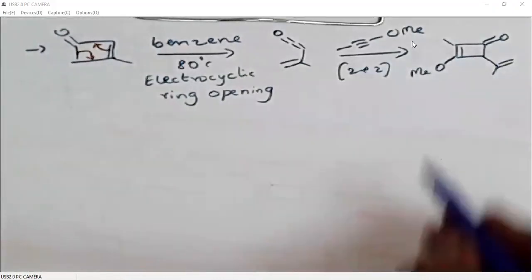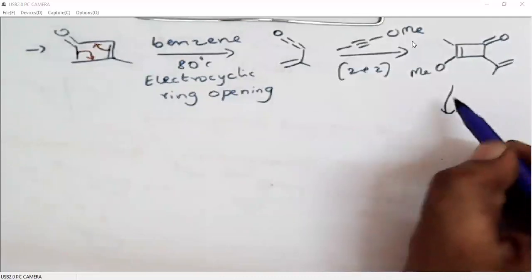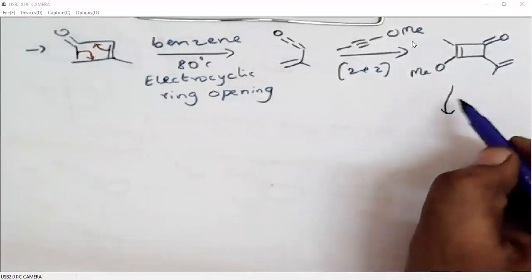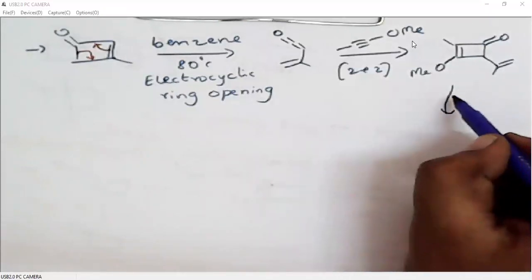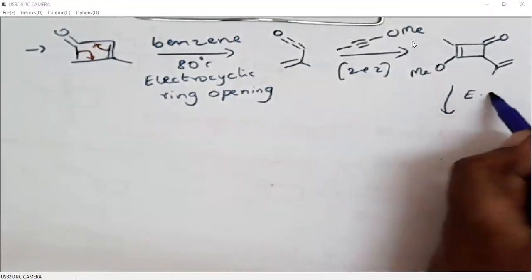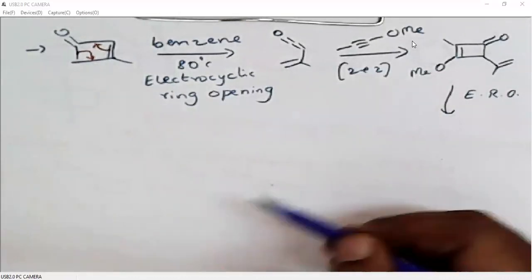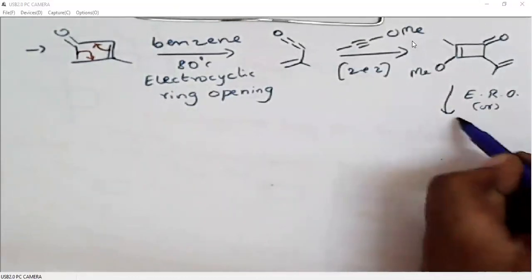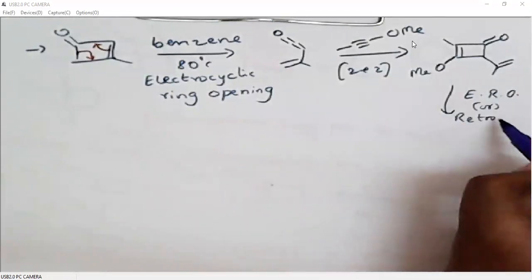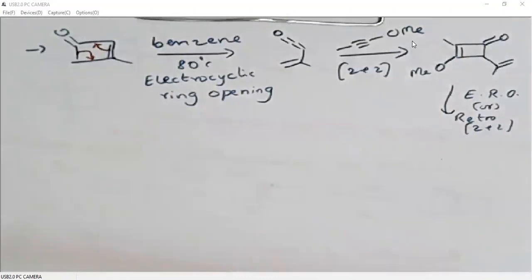Now this ketene again, under the same heating conditions, will undergo a retro 2+2, that means electrocyclic ring opening. Again it is electrocyclic ring opening, same reaction. That means we can also say a retro 2+2; the reverse of 2+2 cycloaddition is retro 2+2.